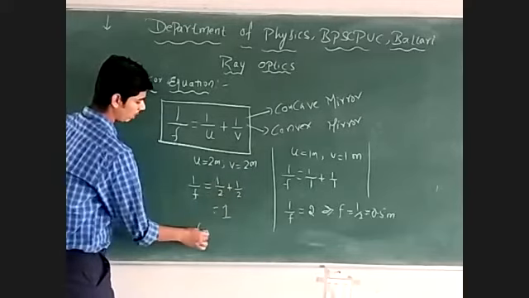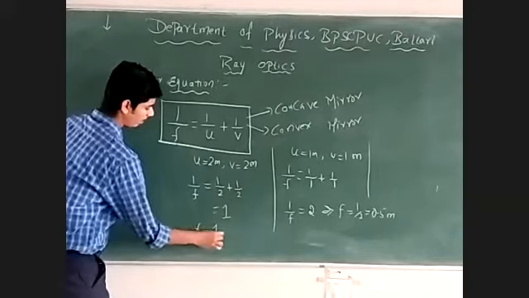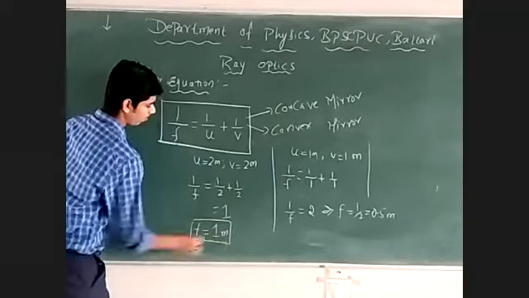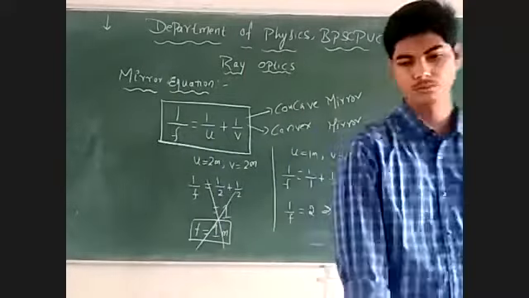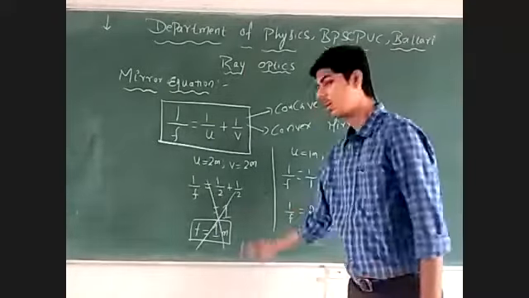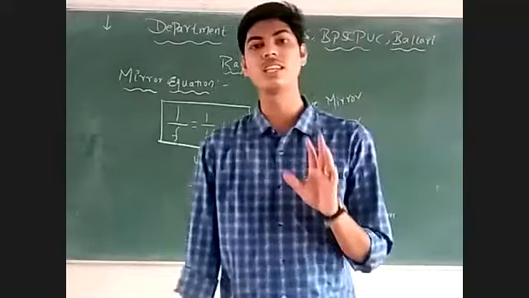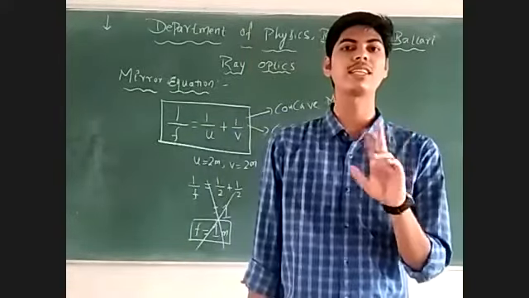Focal length will be 1 meter, but this is not 2. Marking it: the focal length did not change. So focal length does not depend upon object and image distances.